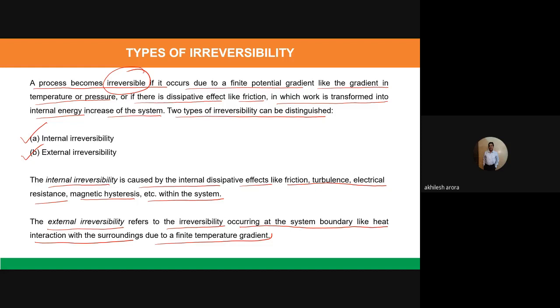But there can be two types of irreversibilities which make your marks less than 100%. The one could be your own irreversibility, that is when you are trying to study, you are just thinking about what your mother is making, is it good, tasty or something like that, and that is going in your mind because you're hungry, and your time is wasted. It's a sort of irreversibility because of your own thoughts.